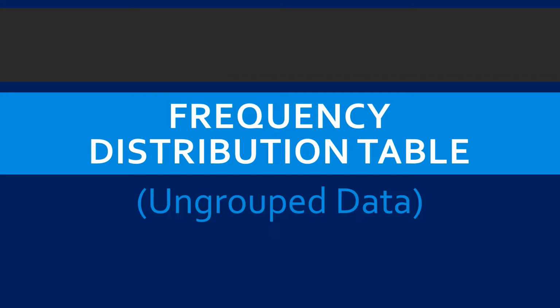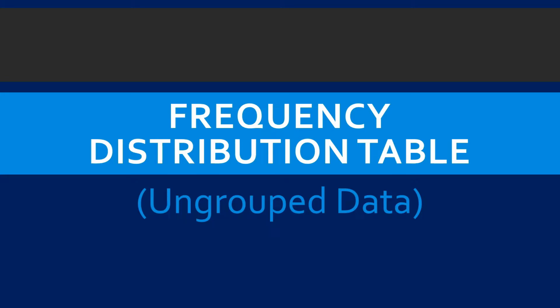For this video, we will talk about frequency distribution table for ungrouped data because the data are small, for example, 10, 20, 25. And we will do this after successfully gathering and collecting raw data from our respondents.